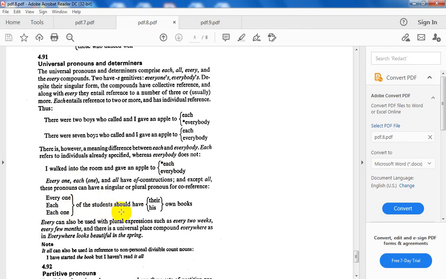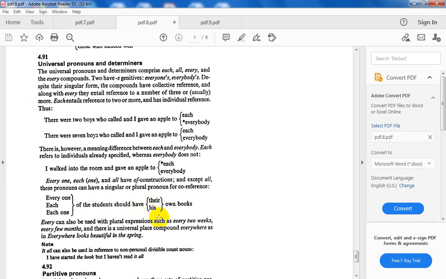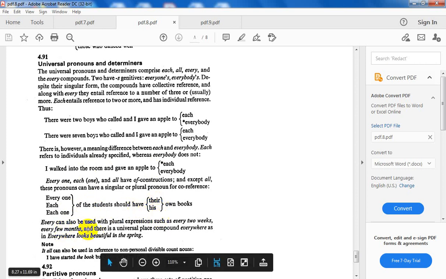Each one of the students should have his or their, either collective, plural or singular. Again, every can also be used with plural expressions such as every 2 weeks, every few months, and there is a universal place compound here, everywhere, as in everywhere looks beautiful in the spring.